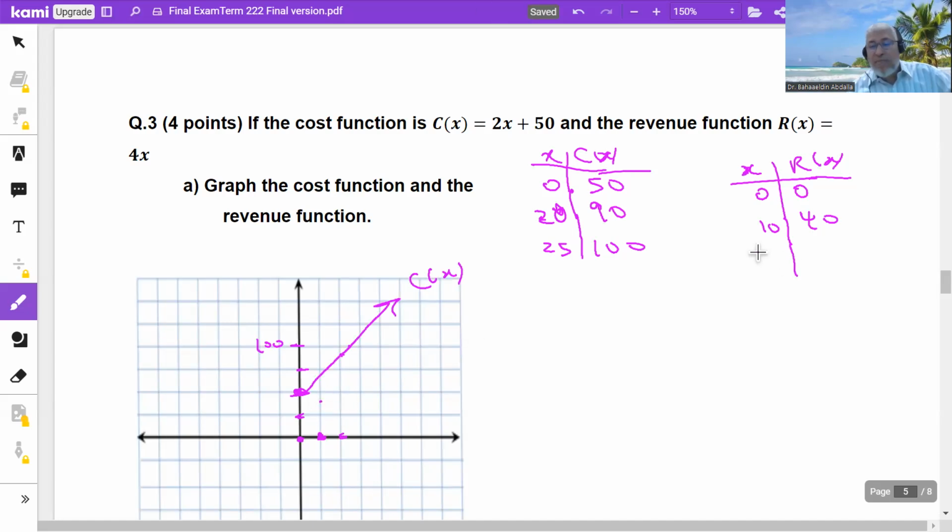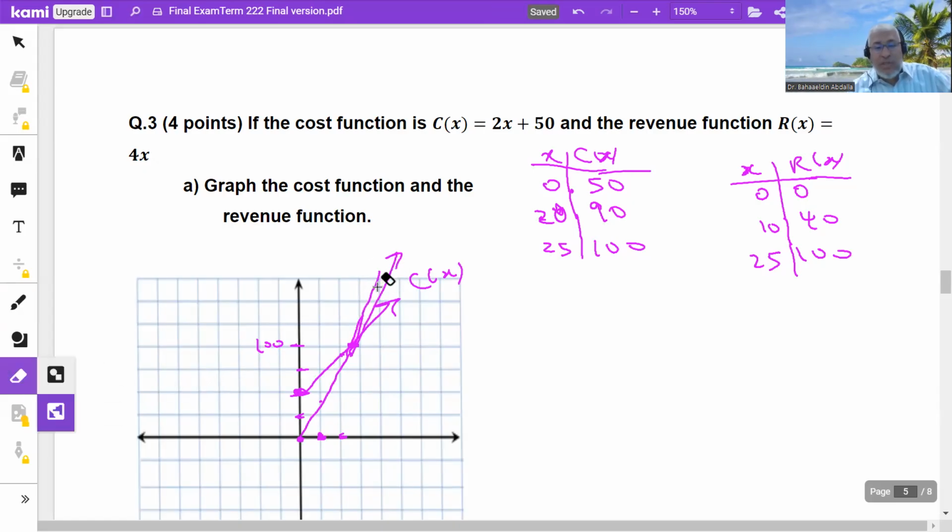Okay. At 20 you will get 80. At 25, 4 times 25 will give you 100. So it's the same point, which is this point. So the revenue function passes through this point also. Of course, it's not like this, it should go like this. Okay, so it's a straight line.